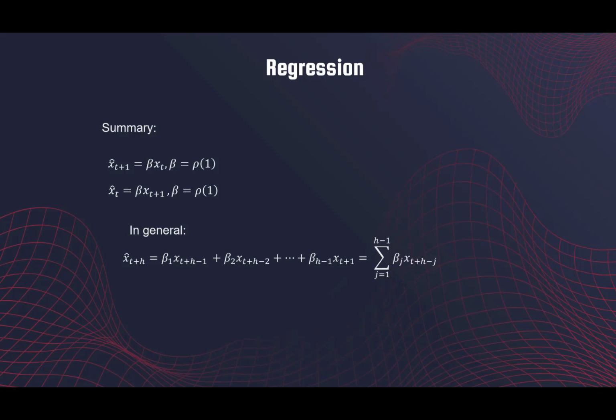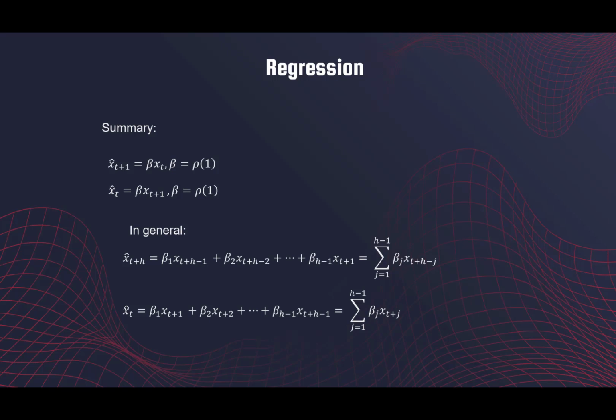So this is one regression and this is the other regression. I have these two regressions, where I'm predicting future based on past and past based on future. For past based on future, x_t is predicted by beta_1 times the value 1 time step ahead, beta_2 times 2 time steps ahead, and so on.